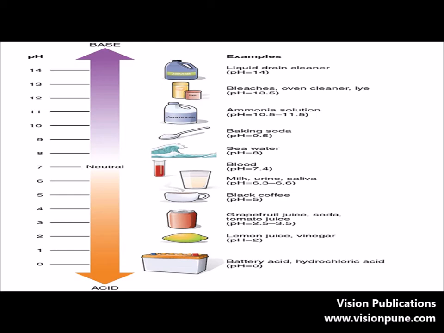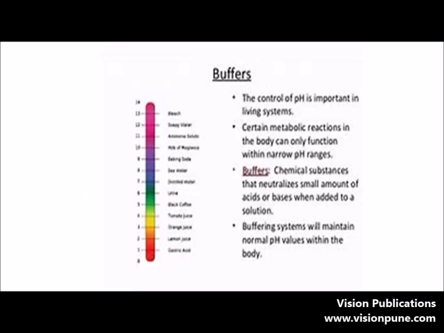And then from 7 to 14 is the basic character, where 8 is weakly basic, and 14 is a strong base. The example of pH 14 is liquid drain cleaner. So these are examples of different pH, and the value of pH is very important.